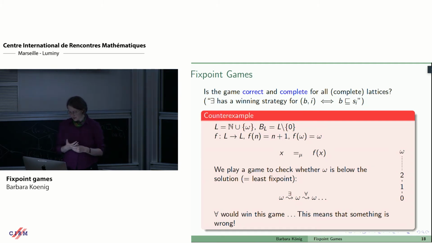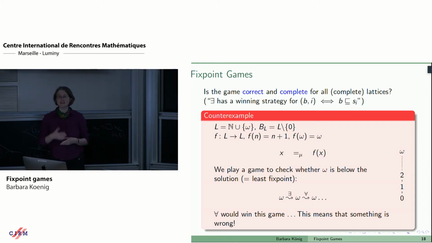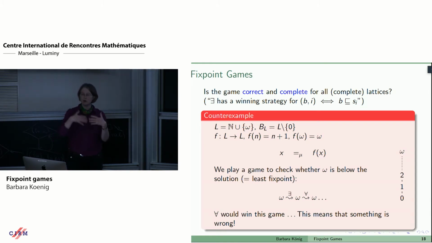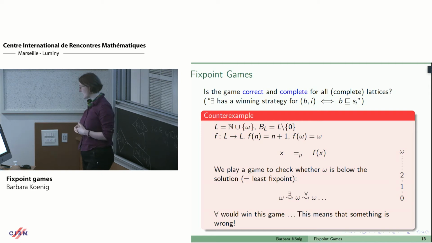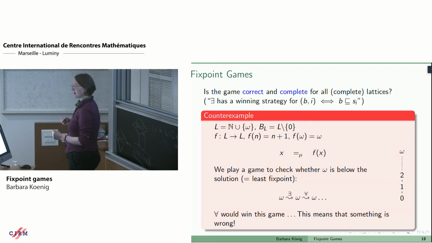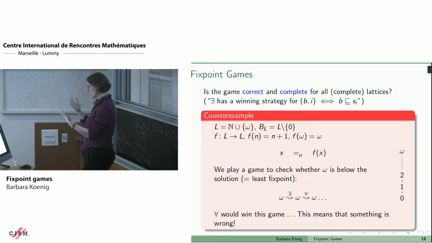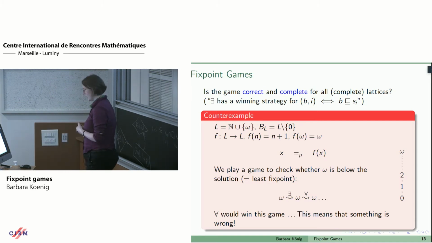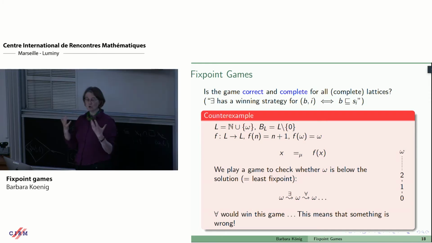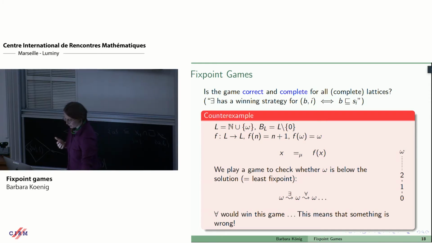It's also the greatest fixed point. Then the existential player has to provide omega because she needs a value such that if you apply f, you're above the solution. So this is only true for omega. And then the for-all player just chooses something that is below, but the for-all player can also choose omega, and so this goes on. And the for-all player would win the game because it's infinite, and the highest index that you see infinitely often is a mu index, an index of a least fixed point equation.